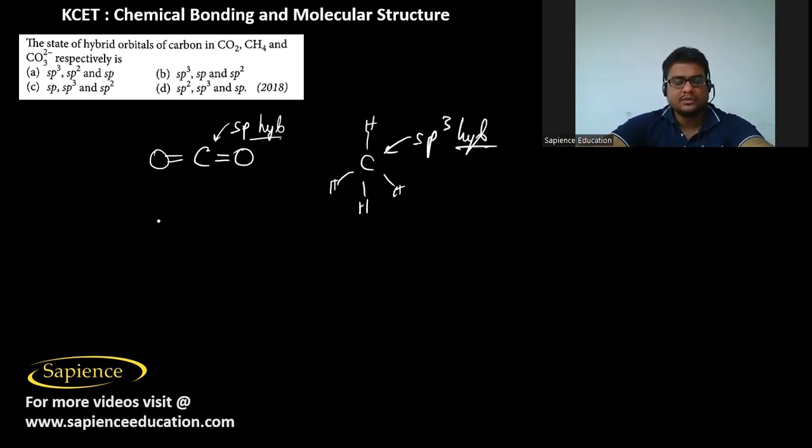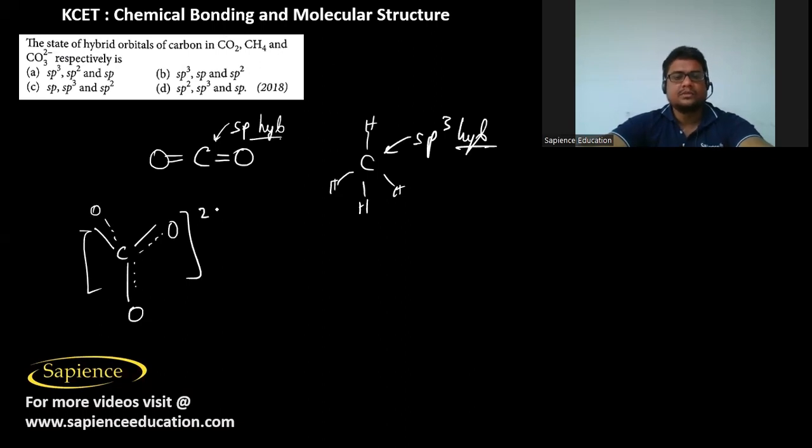And then in case of CO3 2 minus, here each carbon atom is linked with three atoms, so three atoms of oxygen.